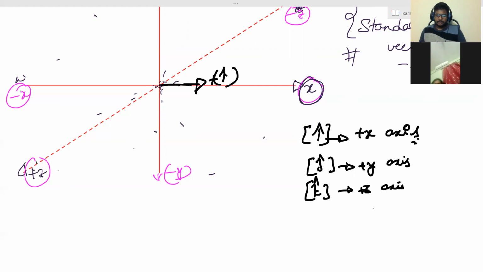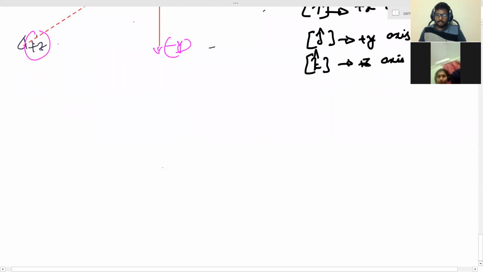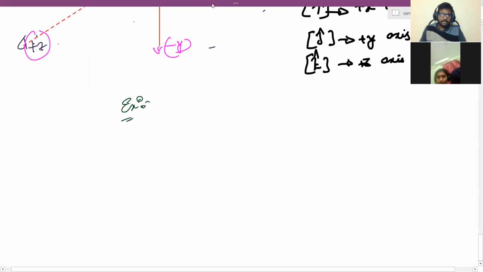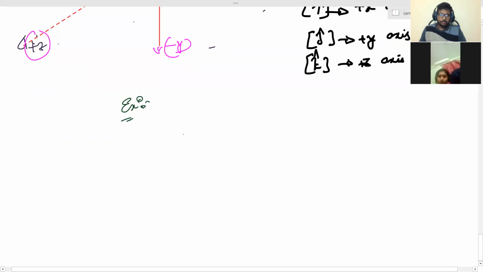So now, can you write some examples so that you will understand how to write vectors? Force vector is equal to, suppose for example, a force vector is there, 20 newtons magnitude along the positive y-axis.